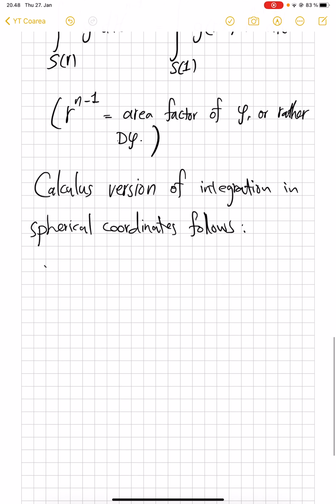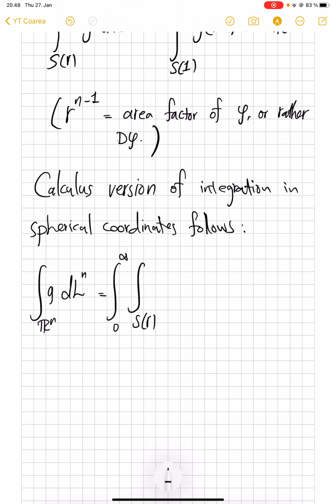Because what we've shown so far is that the integral of g over R^n dL^n is the integral from 0 to infinity of the integral over S_r, the sphere of radius r, of g dH^{n-1} dL^1(r). This is what we have above.